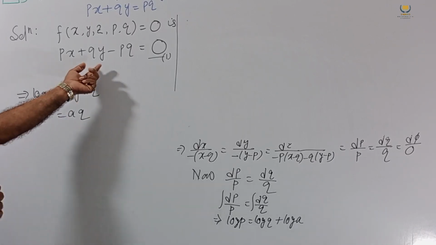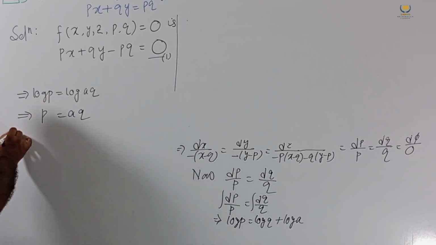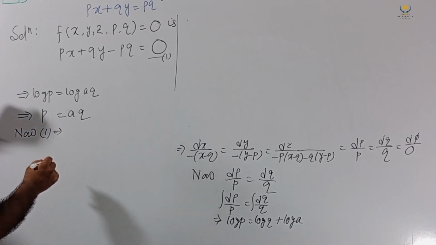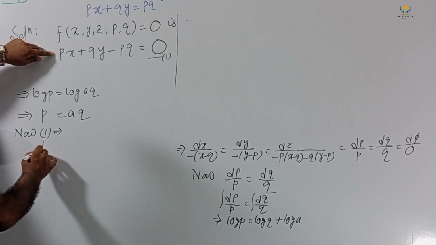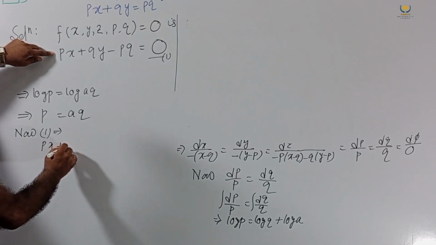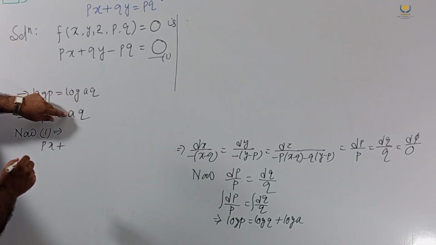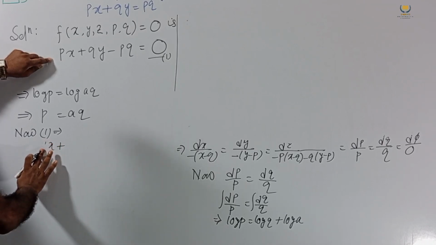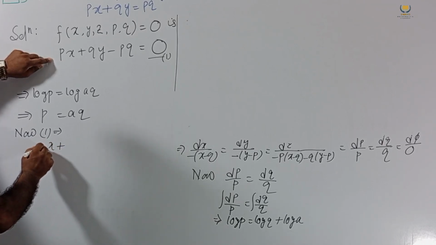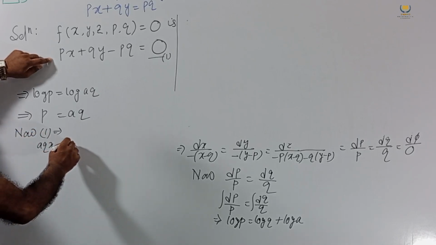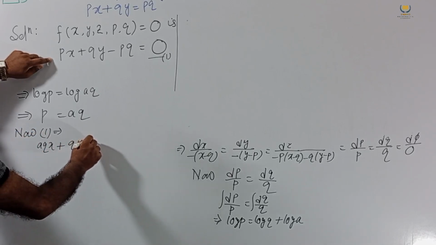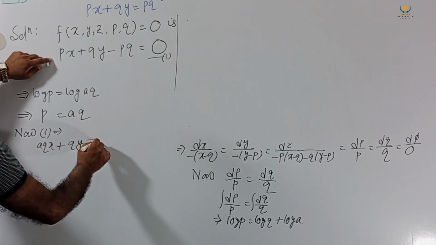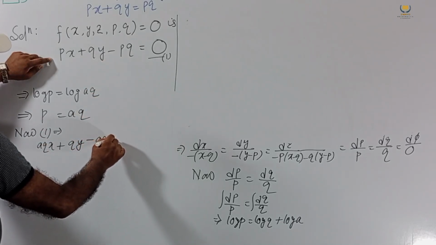Putting the value of p in equation number 1: px plus qy minus pq, where p means aq, gives aq times x plus qy minus aq into q.